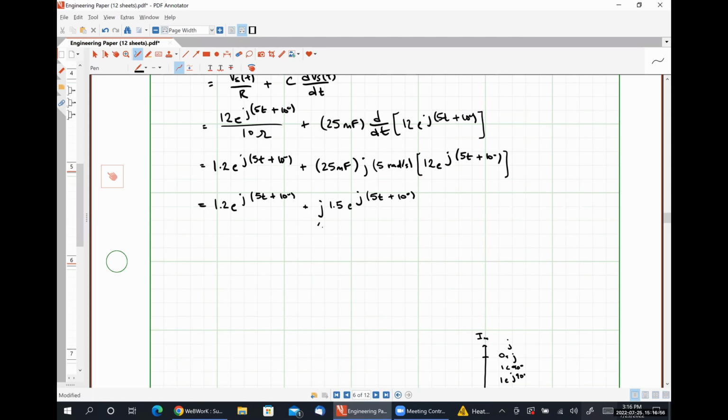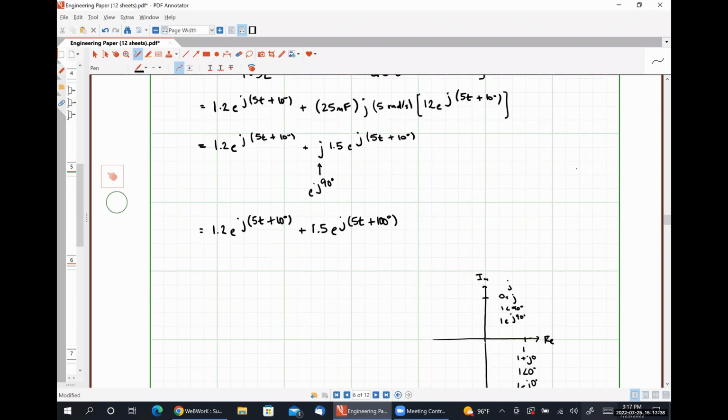So if I treat this j right here as multiplying by a factor of e to the j 90 degrees, then what I get is 1.2 e to the j(5t plus 10 degrees) plus j, sorry, taking that j out, plus 1.5 e to the j(5t plus 10 plus 90, which is 100 degrees).